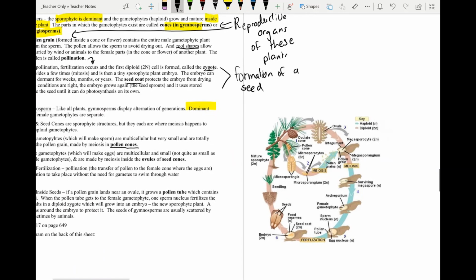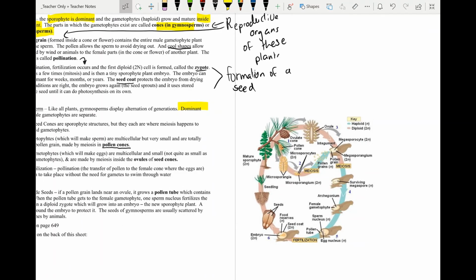So to kind of show here, we're looking at, say, a pine tree. So if you've heard of a pine cone, there's two types. So if we zoom in on one of the branches here, there are two different structures. One of them, the top one, is our female seed cone.